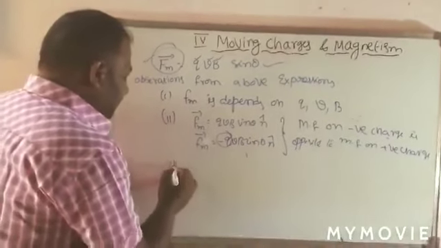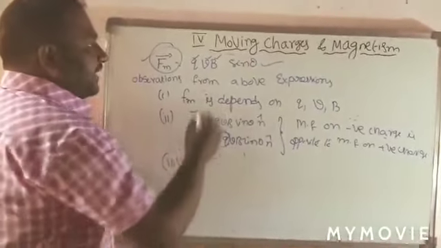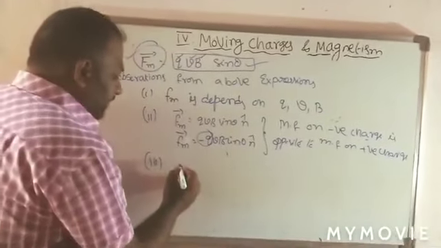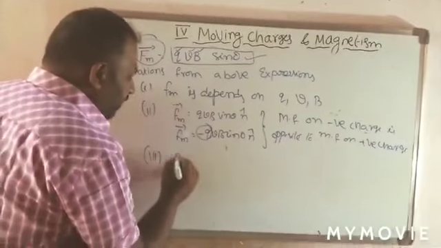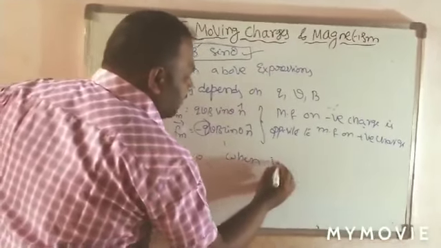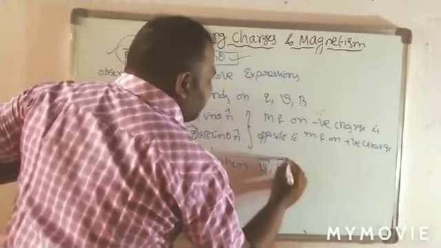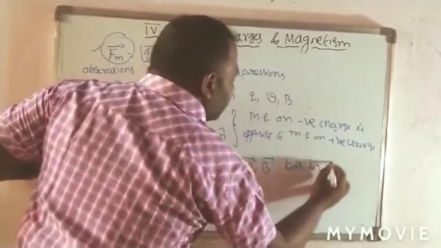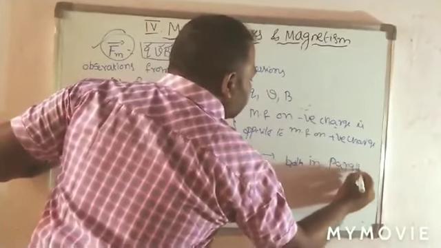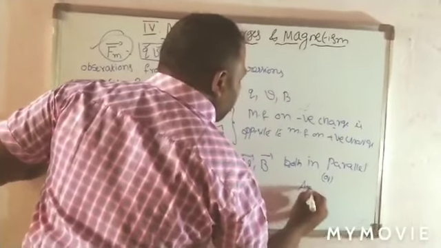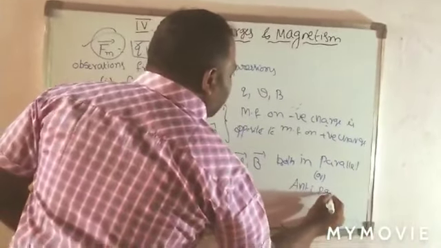And the third observation is, here qvB sin theta means the magnetic force is equal to 0 when the velocity vector and field vector are both parallel or anti-parallel.